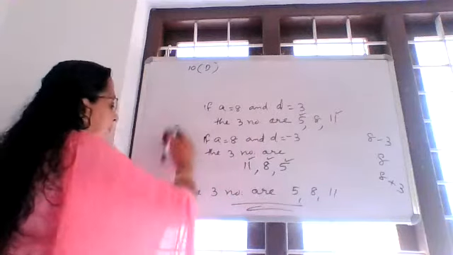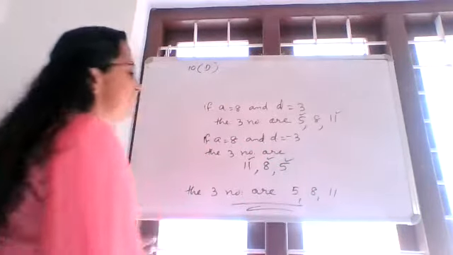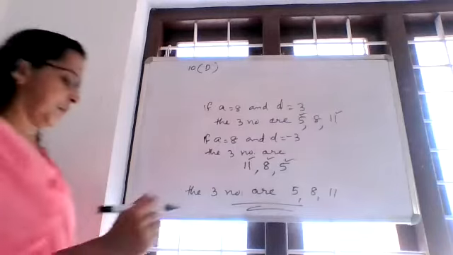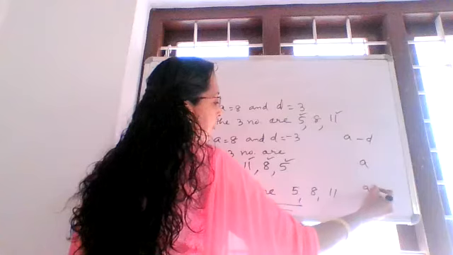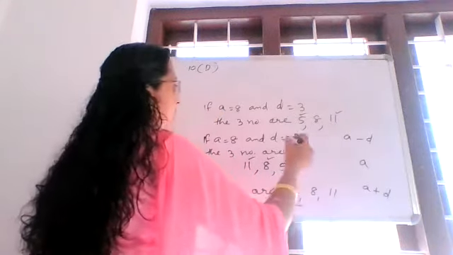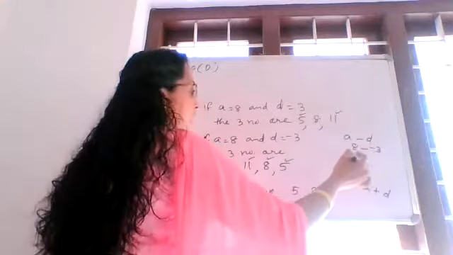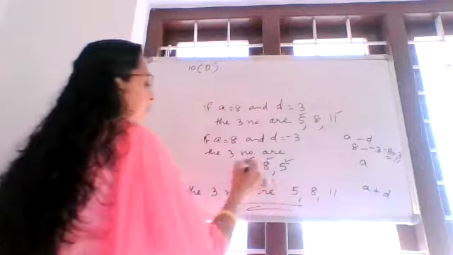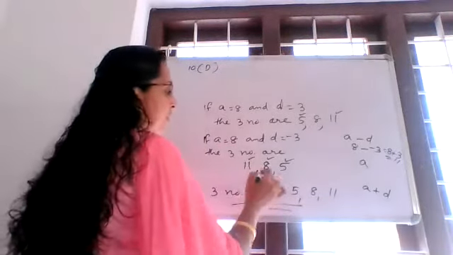Next. If a is equal to 8 and d is equal to negative 3, the three numbers are, do in the working column: a minus d, a, a plus d. So a minus d will be 8 plus 3, which is equal to 11. The next, a, 8 itself.